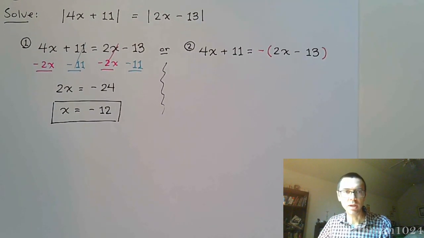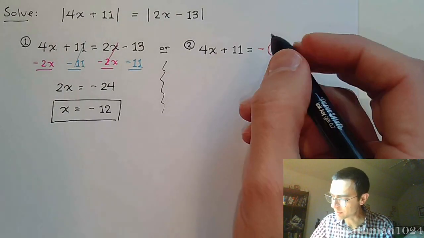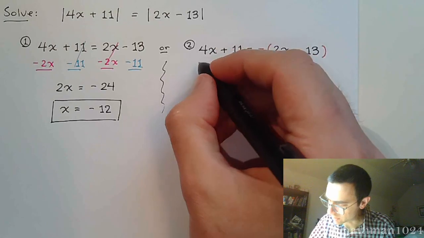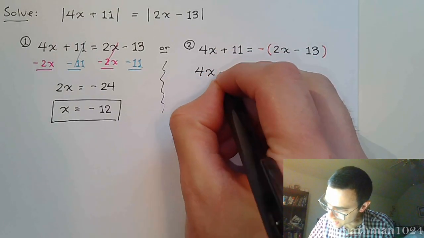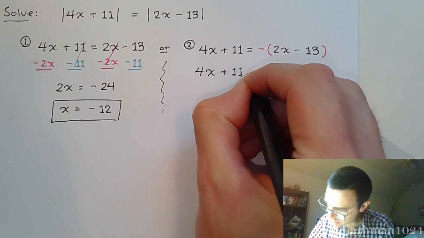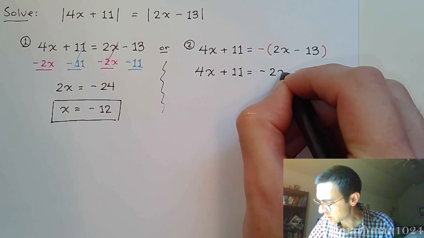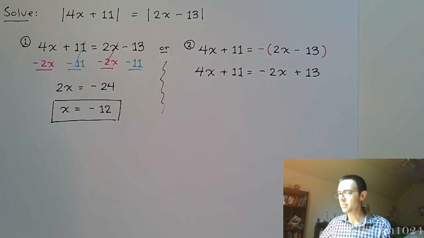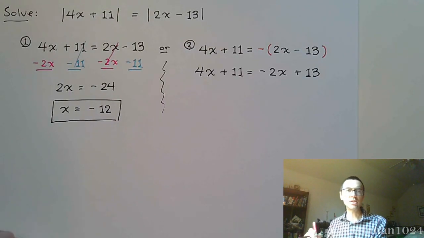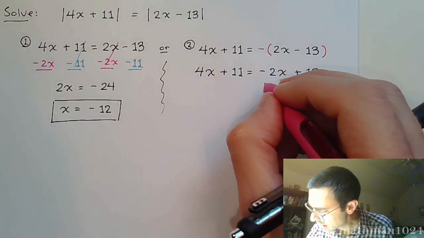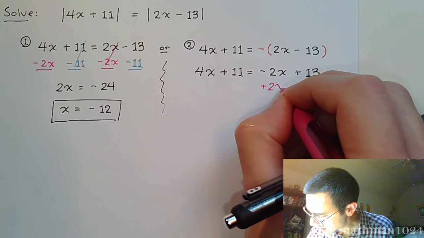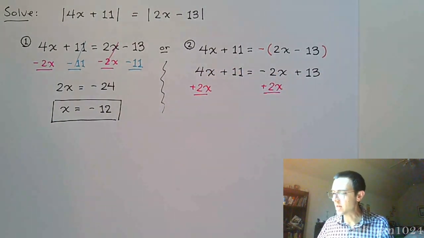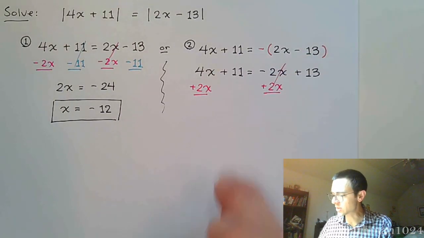On the other equation that we have, go ahead and distribute that negative. So negative 2x plus 13, and it's just a normal linear equation. Let's add 2x to move it to the left side. So that guy's gone.